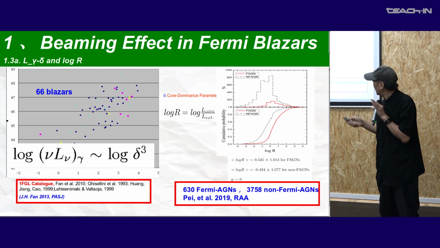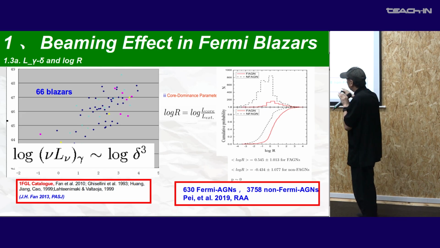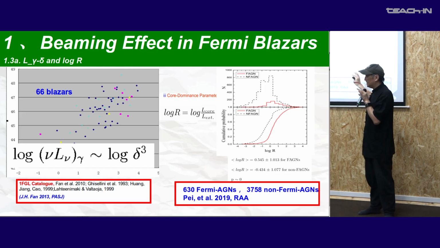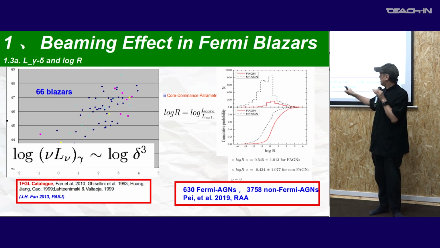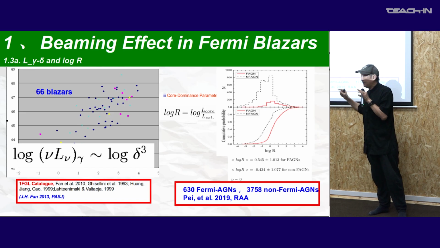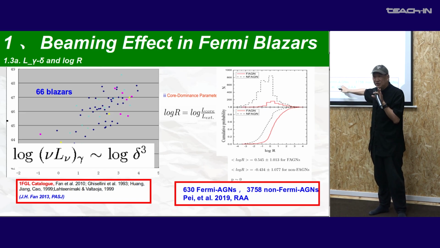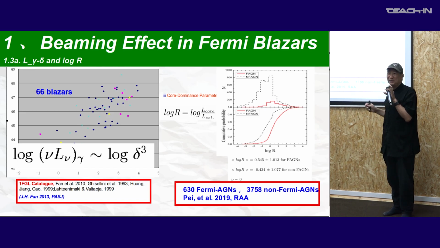So we get a sample of many sources, and 630 have Fermi emission, and the rest have no Fermi emission.